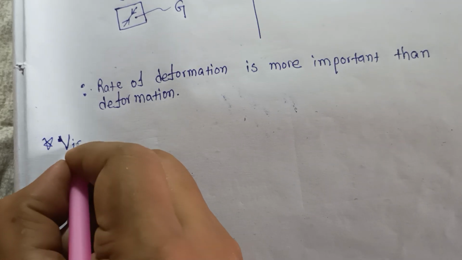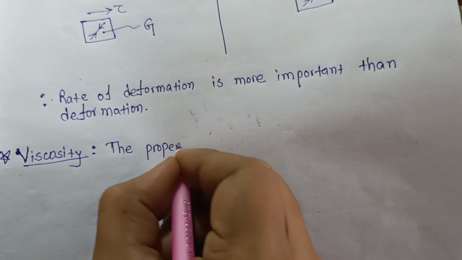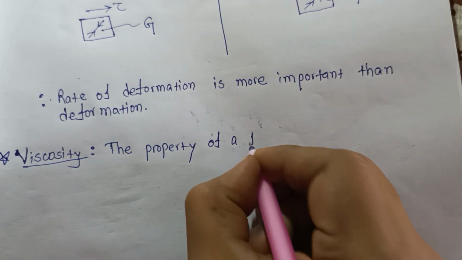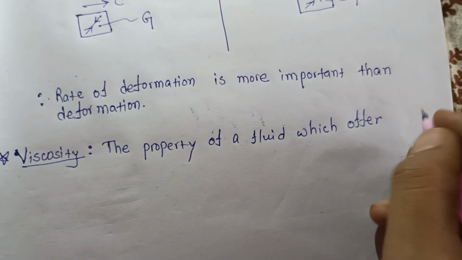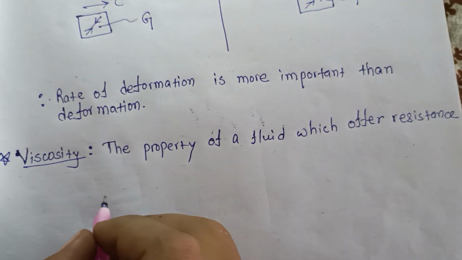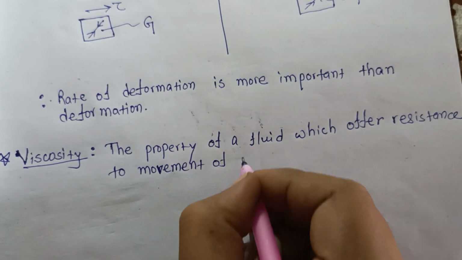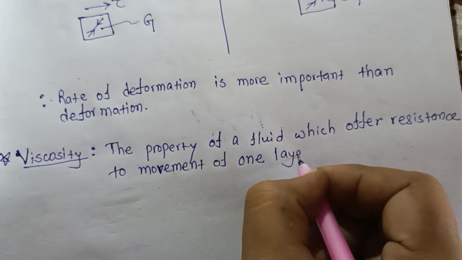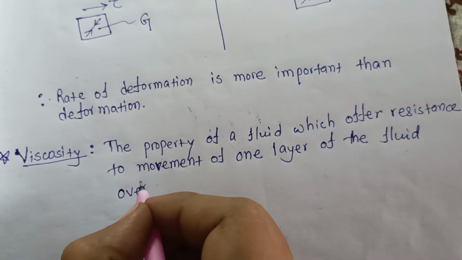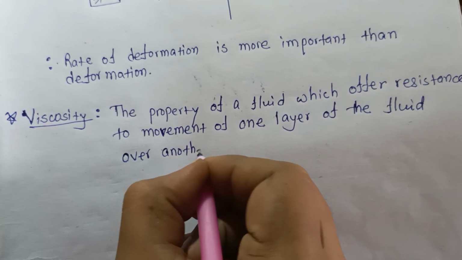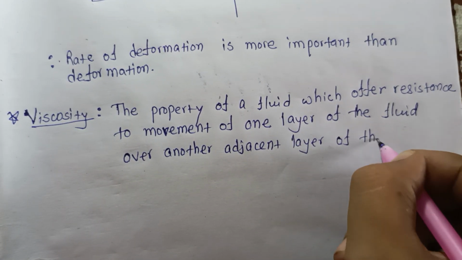Viscosity is the property of a fluid which offers resistance to movement of one layer of the fluid over another adjacent layer of the fluid.